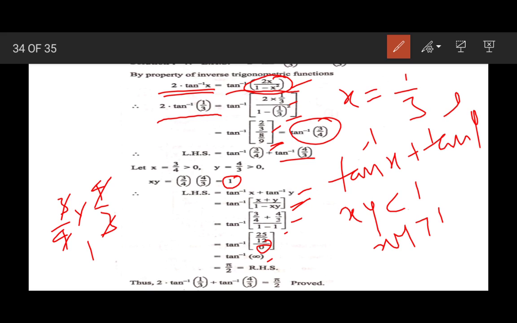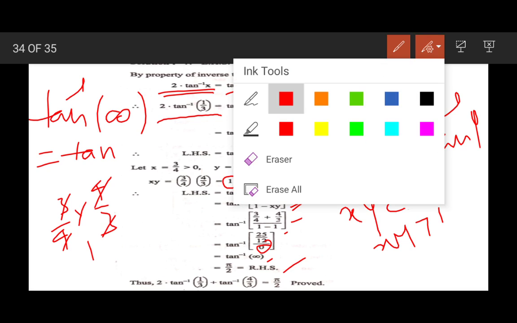Okay. Now tan inverse infinity is pi upon 2. Let me clear the screen. Now see, we know that tan 90 degree is infinity, that is, tan 90 degree is not defined. Now this 90 degree can be written as pi upon 2.